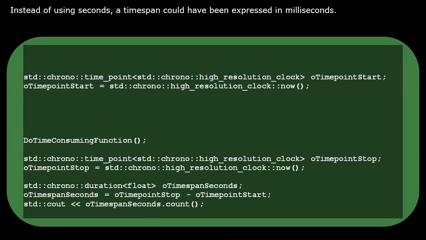By default, this duration object uses units of seconds for measuring its duration. However, you could request that it use units of milliseconds instead.